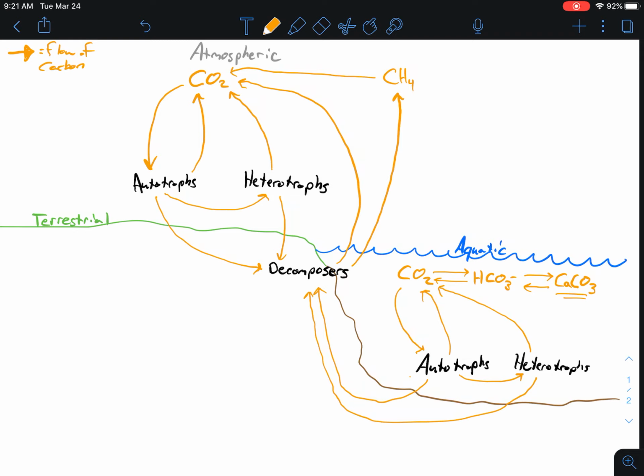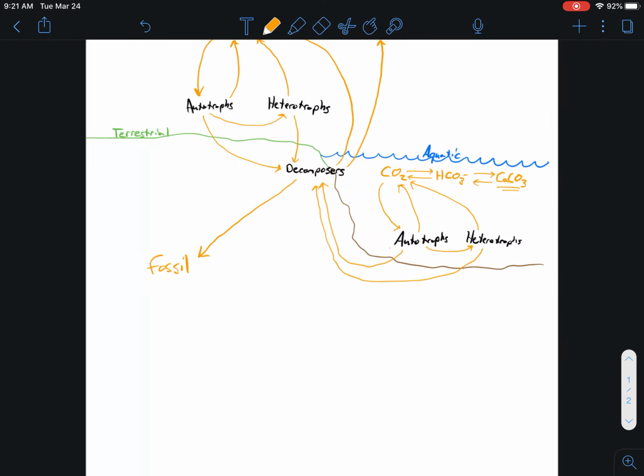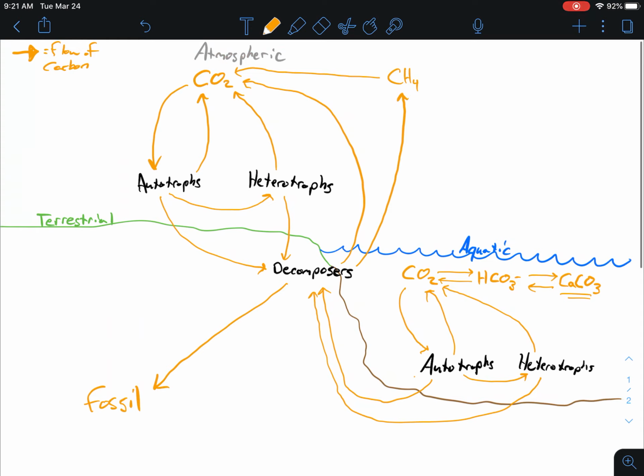Now, that was incomplete decomposition. I want to follow the pathway. Yes, some incomplete decomposition leads to the production of methane. The rest of the incomplete decomposition leads to the production of fossil fuels. This takes millions of years.